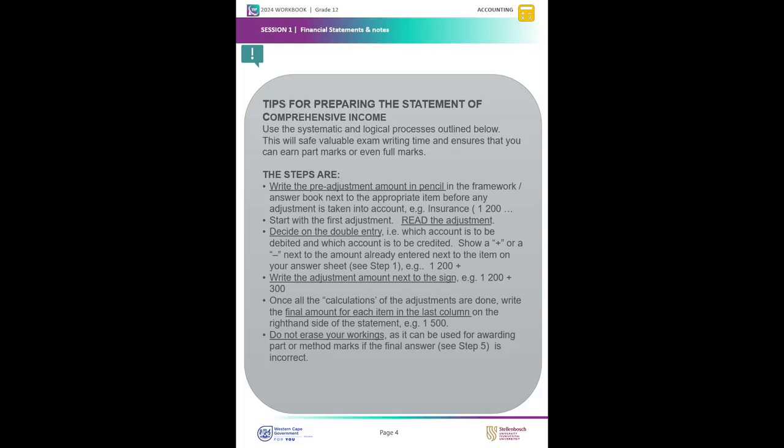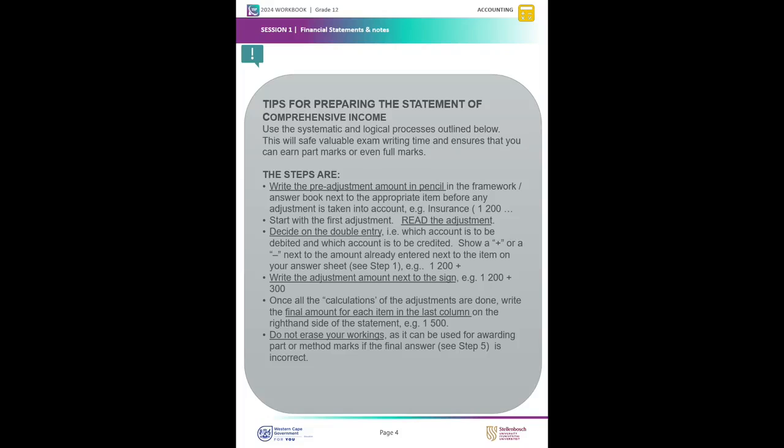Now remember, even though you get part marks for calculation, it is very important to do your final calculation. And then, very, very last thing, don't erase your working. It doesn't matter what you're feeling, grade 12s. Please do not erase your workings, right? You show it.